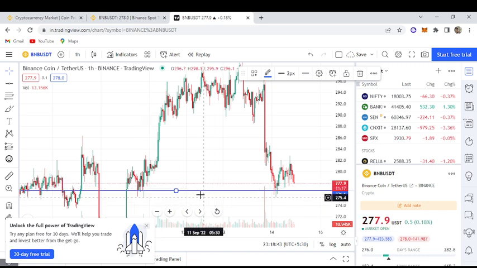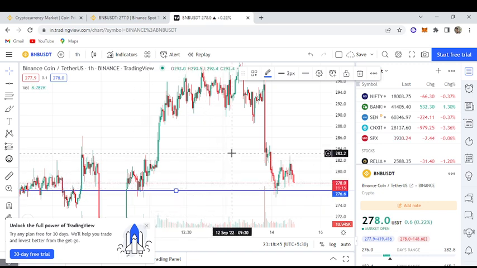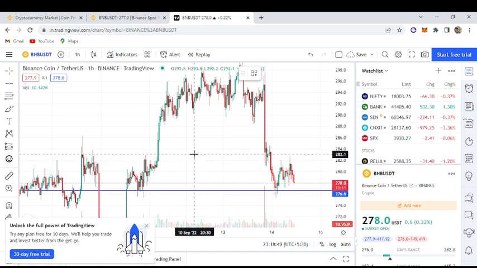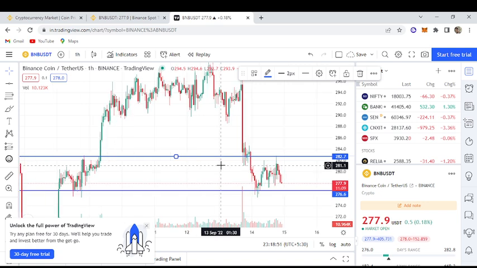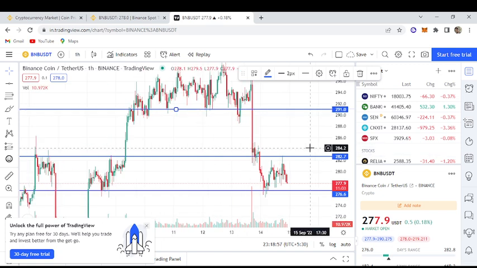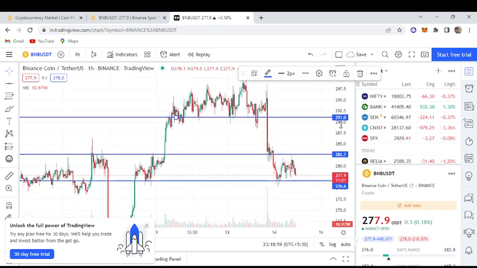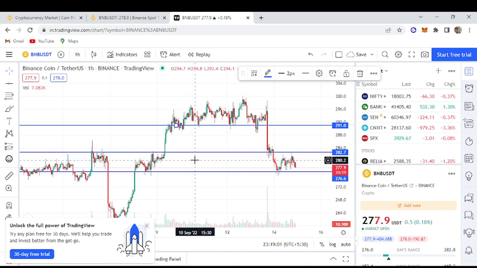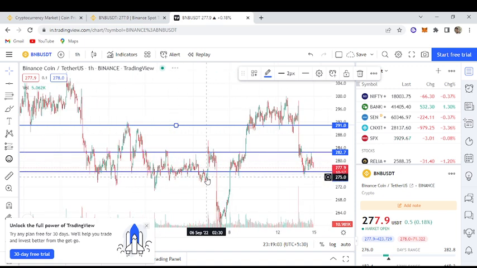So that's a good support level right there, and there is a resistance which is pretty low, but there's another good resistance around this position which will be hard. That's a big one.